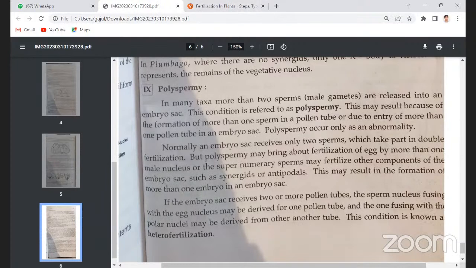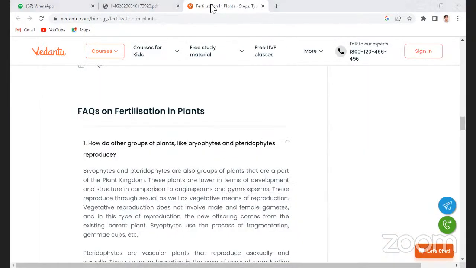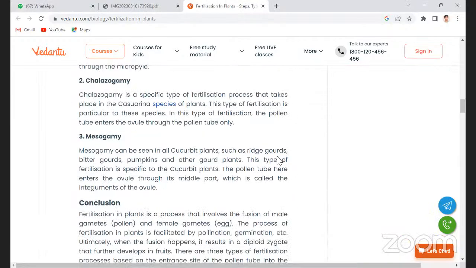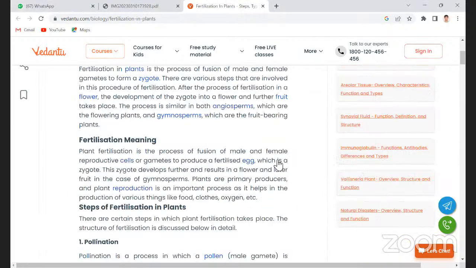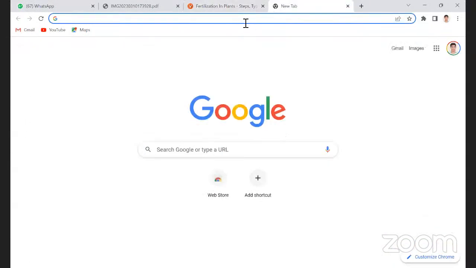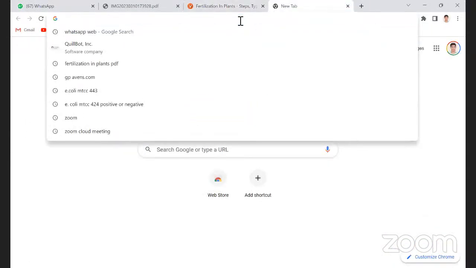These are the points regarding fertilization. So just wait, we will go for another one.